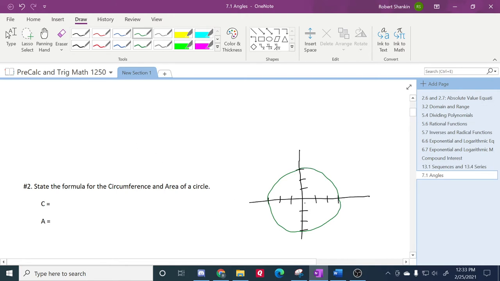Alright, so I drew a circle of radius 3. And if you stretched a string from here all the way around the circle, it's certainly going to be longer than 6, because this distance 6 is called the diameter of a circle.